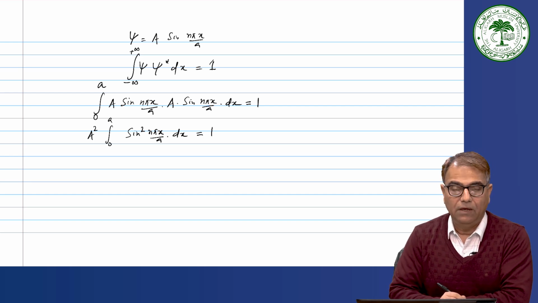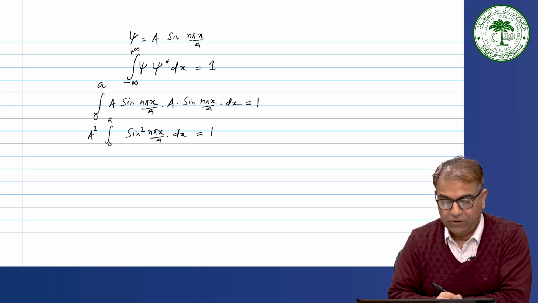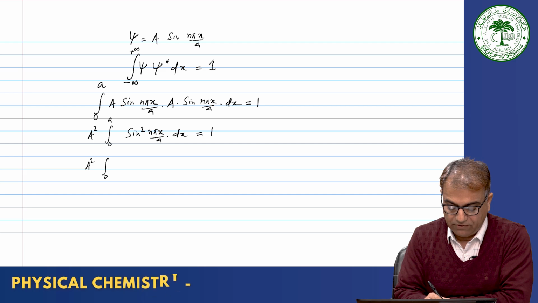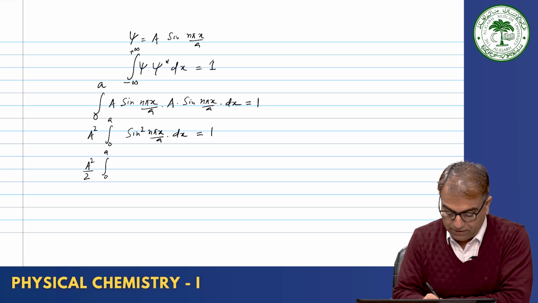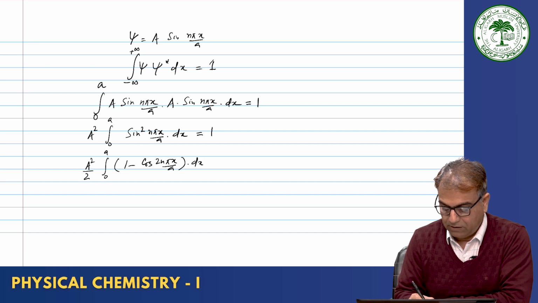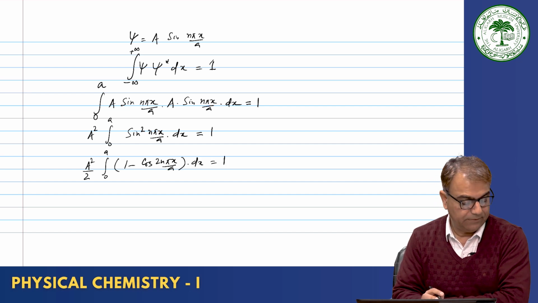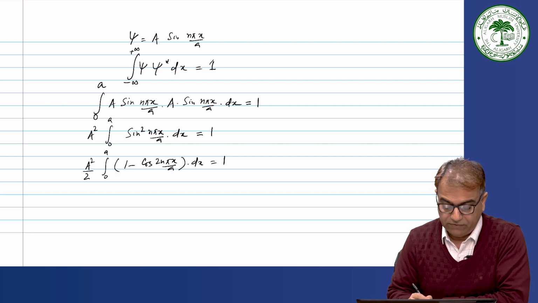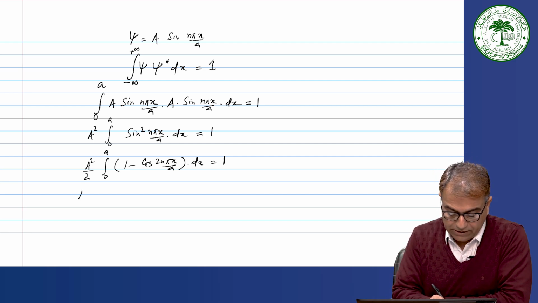Sin squared x is (1 minus cos 2x) divided by 2. So you can write A squared, integral from 0 to a, bringing the half to this side, (1 minus cos(2 n pi x upon a)) dx equal to 1. This you have to integrate, so try to integrate this.